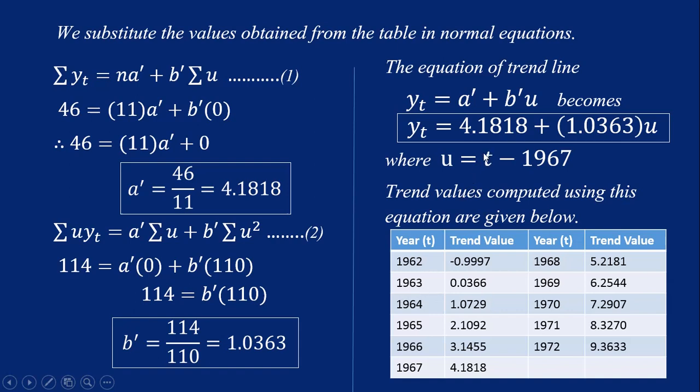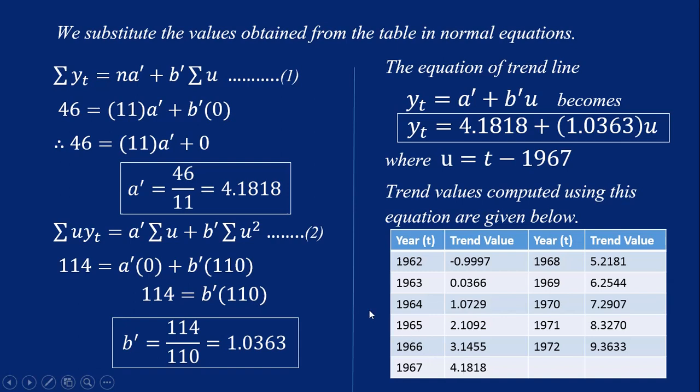So 1963 minus 1967, we get minus 4. So u is equal to minus 4. We substitute u is equal to minus 4, and the calculation gives yt is equal to 0.0366. So using this value of t and substituting the value of u here, we can calculate yt, that is the trend value, that is production.